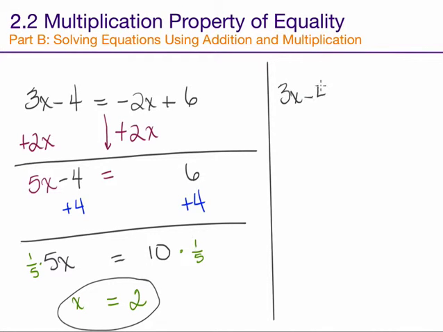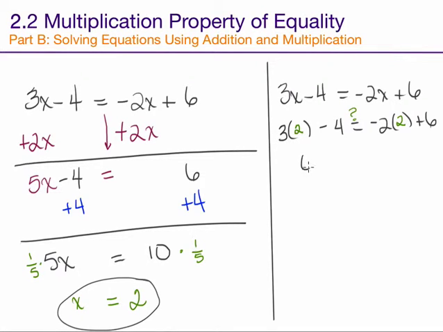3x minus 4 equals negative 2x plus 6. When I rewrite this with blank spaces, I get this. Then I can go back and fill in the spaces, the empty spaces, with the number that I'm testing. The rest is arithmetic. On the left-hand side, I have multiplication first, 3 times 2.